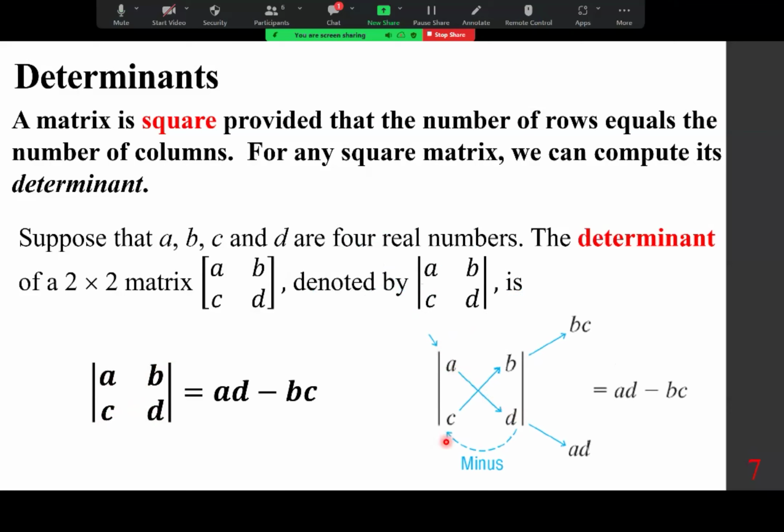AD, BC, their difference is the answer. One easy way to think of it is as a cross product for a 2 by 2.